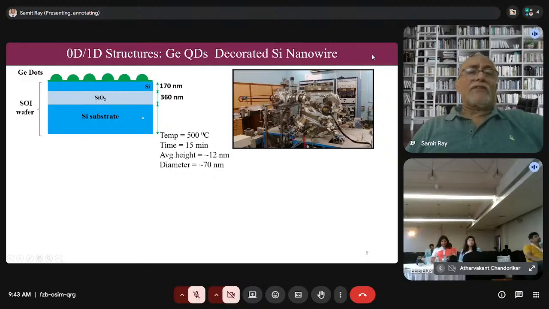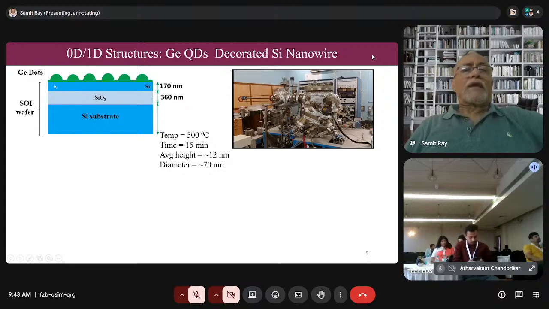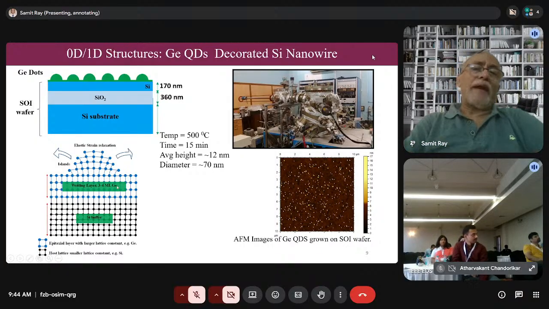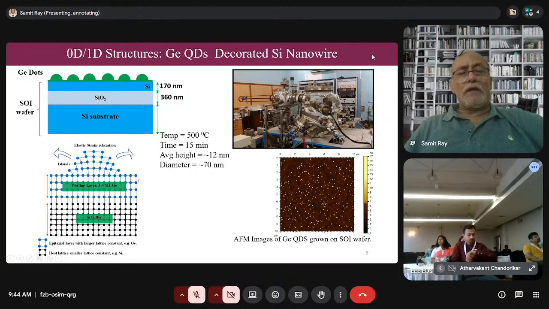We start with a silicon substrate, and on that, first grow some germanium quantum dots. Germanium has a lattice mismatch of about 4.2% with silicon. So if you grow epitaxial germanium on silicon, initially a few layers grow as a layer growth.